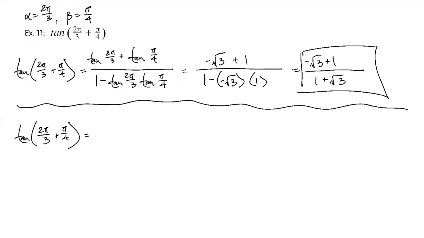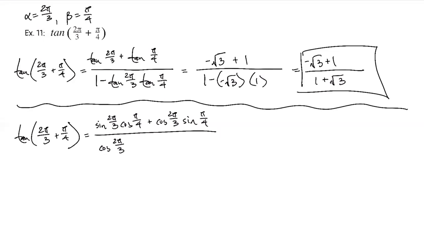So we're going to take sine of 2 pi over 3 cosine pi over 4 plus cosine of 2 pi over 3 sine pi over 4 over cosine 2 pi over 3 cosine pi over 4 minus sine 2 pi over 3 sine pi over 4.